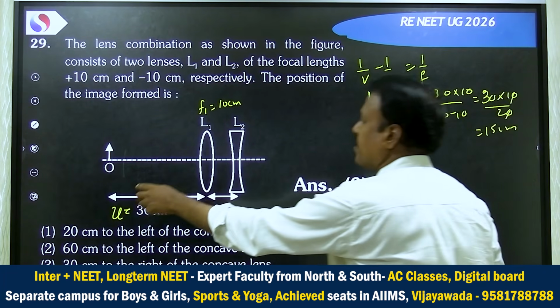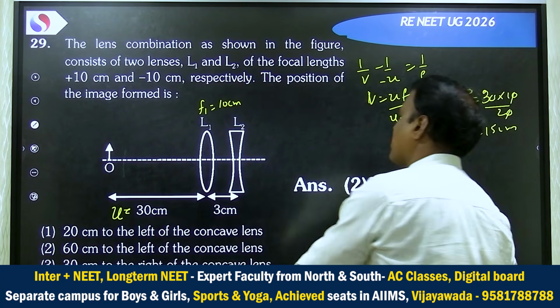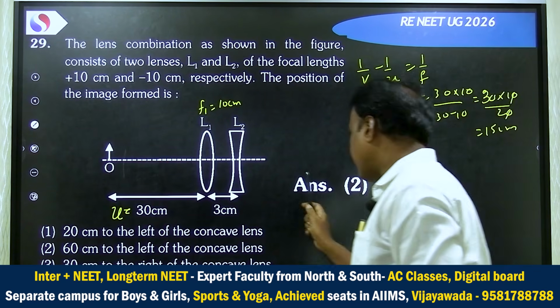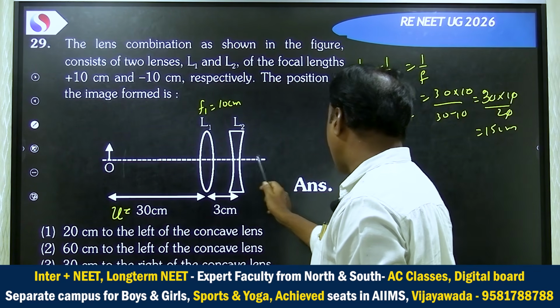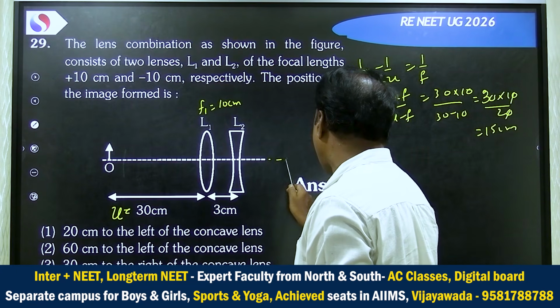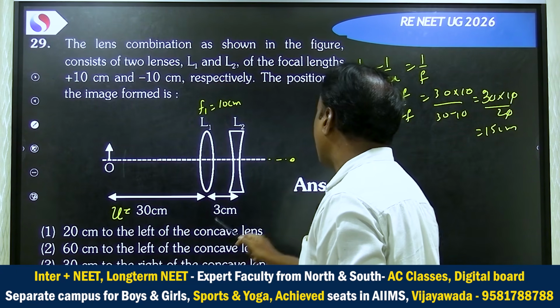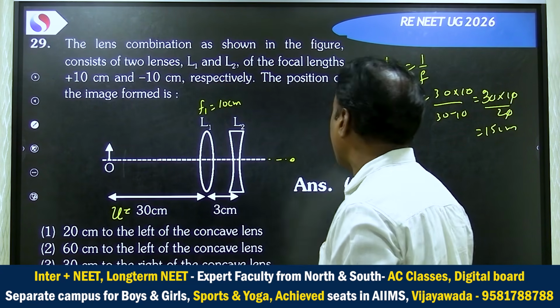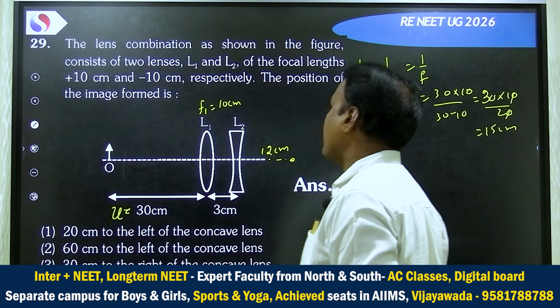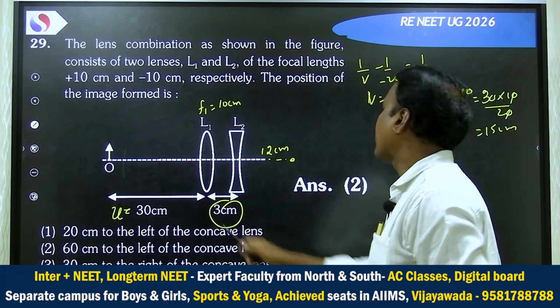Here this is the negative side of distance, this is the positive side. That means this particular image forms at a distance of 15 centimeter from L1, that is 12 centimeter from L2 because of the 3 centimeter gap.